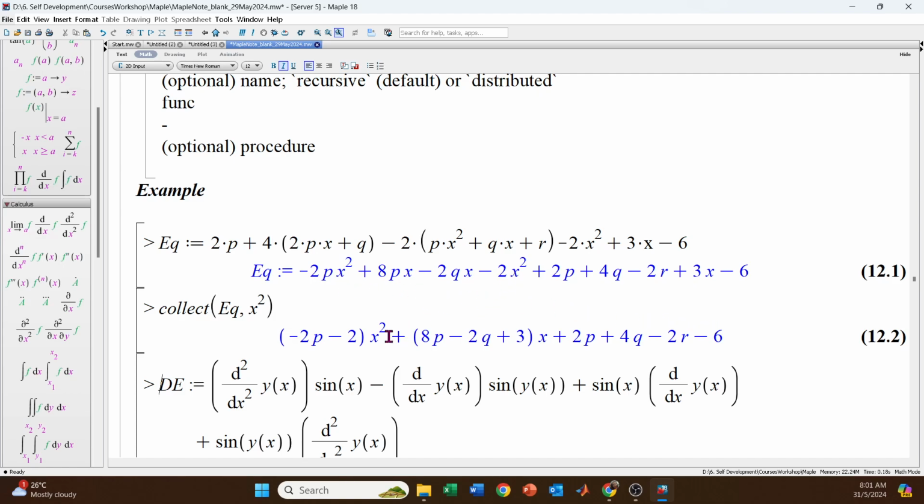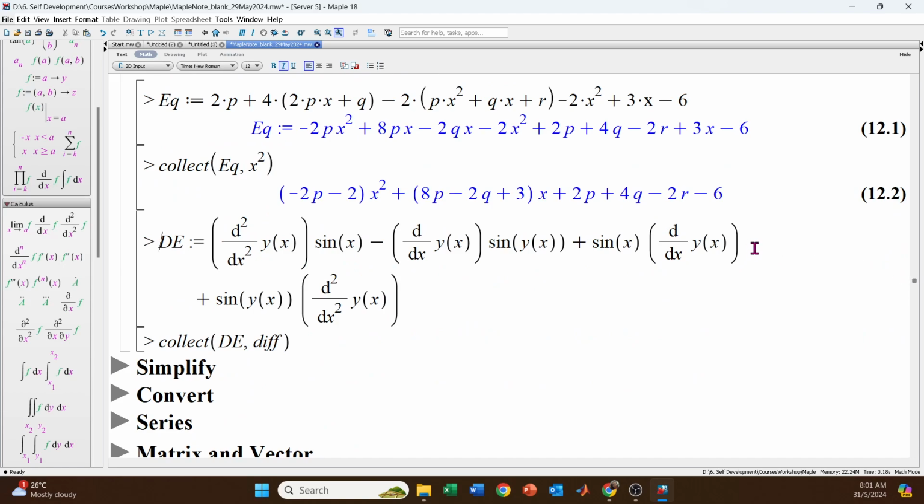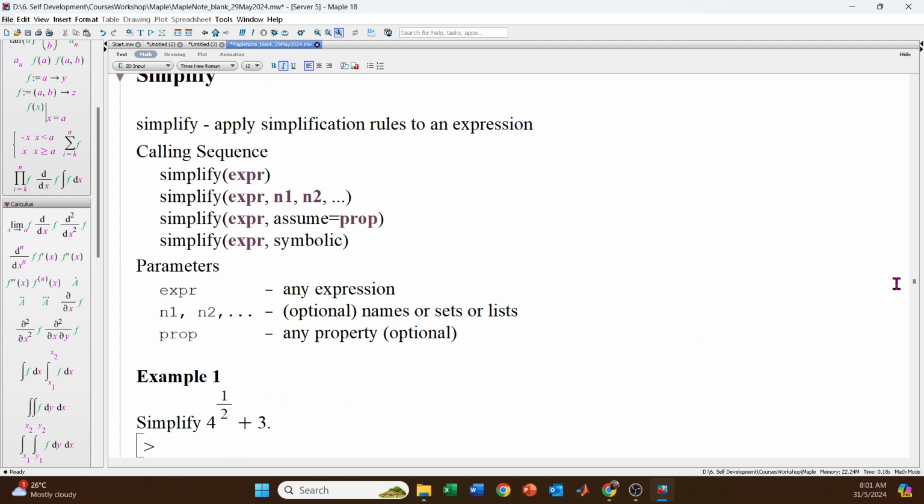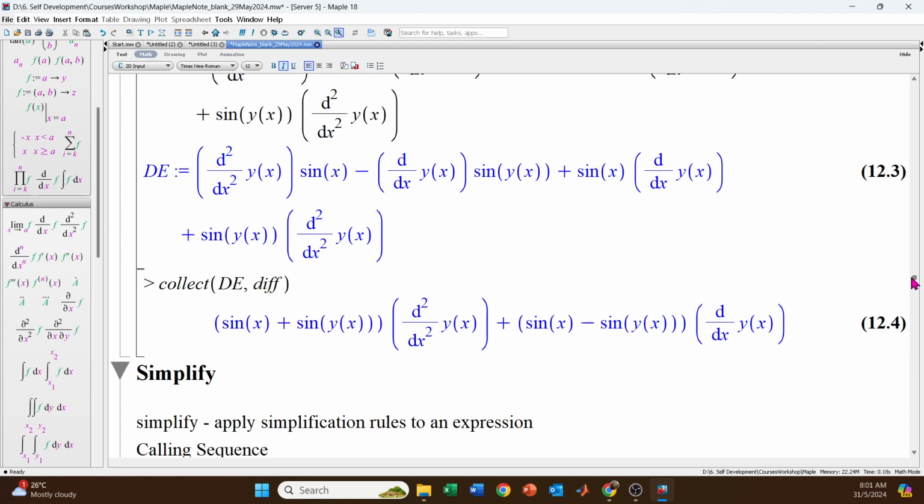It starts from x squared, x power 1, then x power 0. And if you collect for the derivative, it will collect starting from the second derivative, then the first derivative.